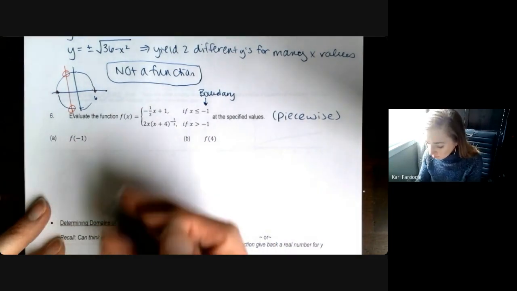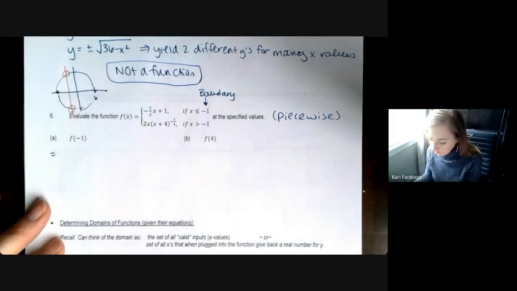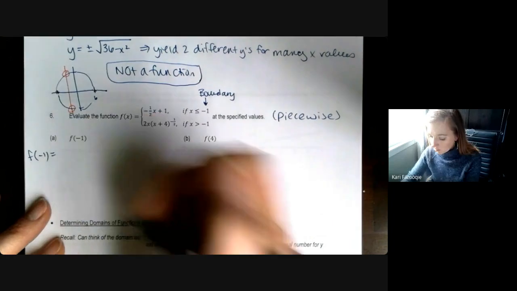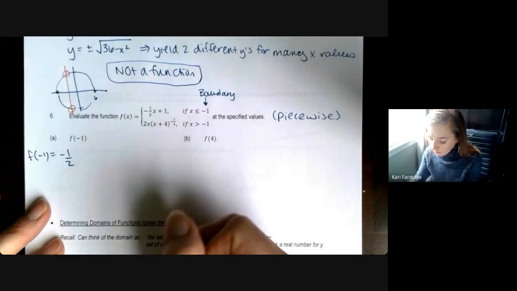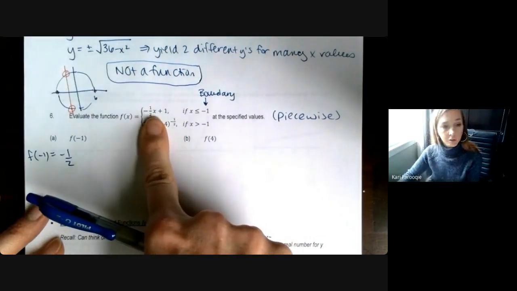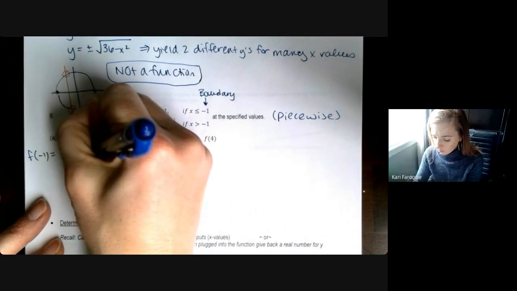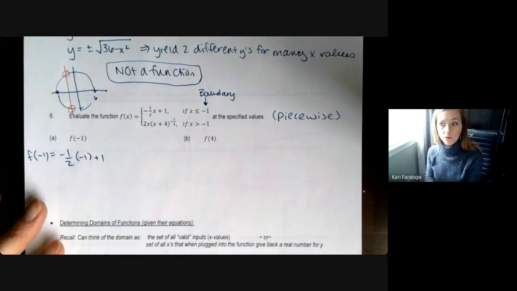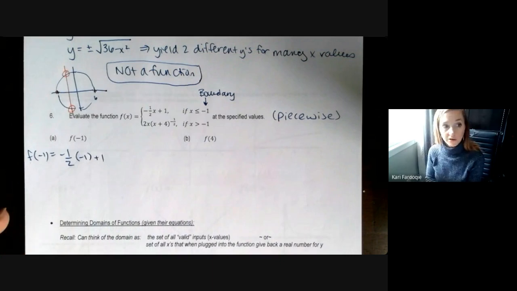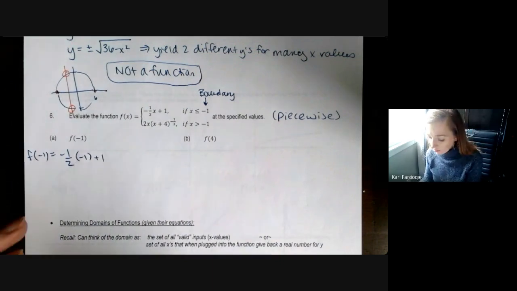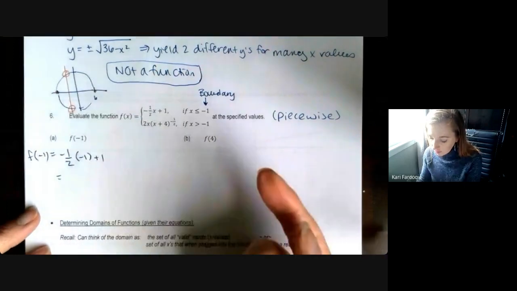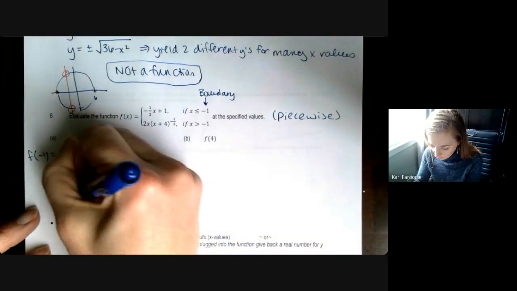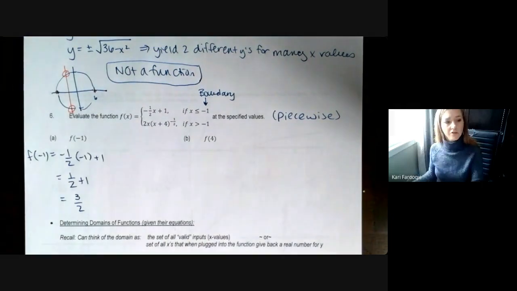So we're just going to use the first definition, and I'm going to say that f of -1 is -1/2, and everywhere I see x, I'm going to substitute this value of x, which is -1, plus 1. You should have done a lot of work with evaluating functions also in your previous algebra class. Then you'll simplify. -1/2 times -1 is +1/2 plus 1, which is 3/2.